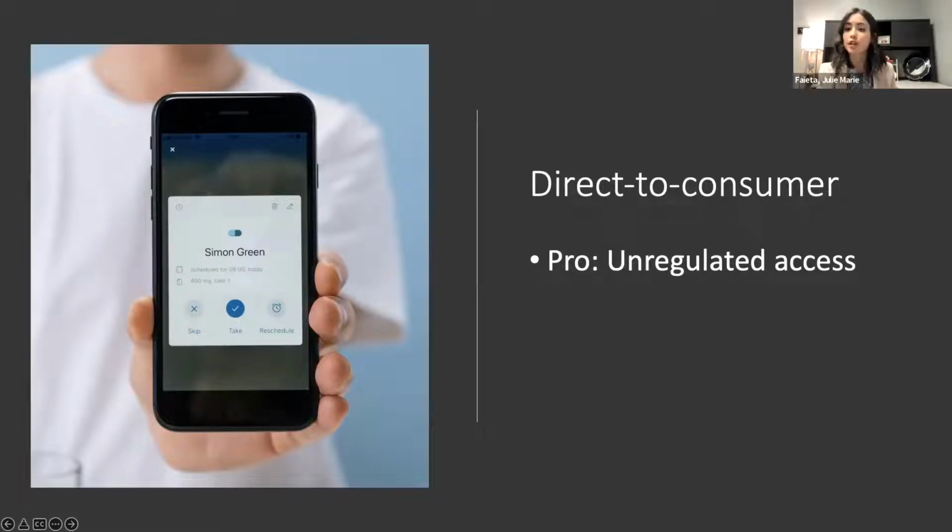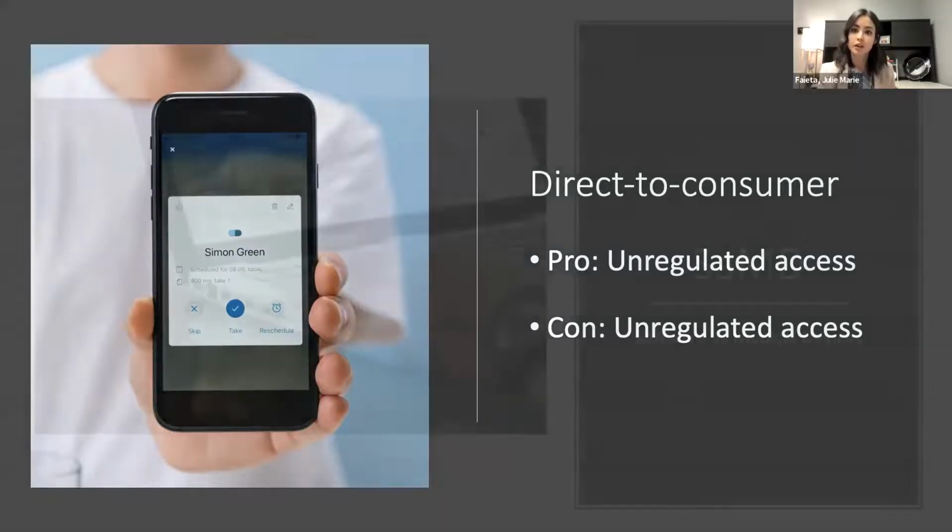And it's also a con because, again, that means in most cases, healthcare consumers have unregulated access, which can also mean fewer safeguards and absence of important clinical guidance. This is one of those areas where development and innovation have simply outpaced regulation and outpaced implementation of evidence-based practice strategies. And that brings us to our next topic, which is, where is regulation now?